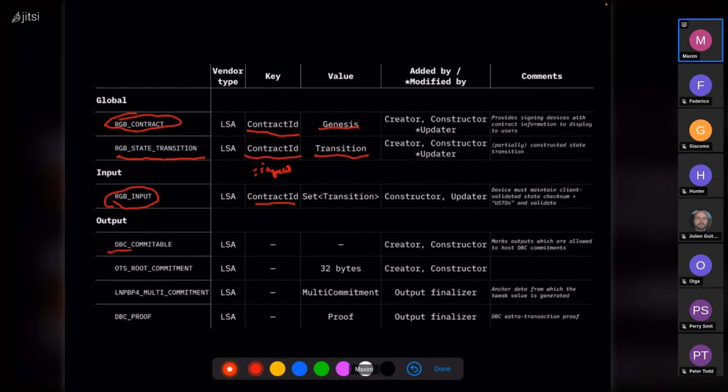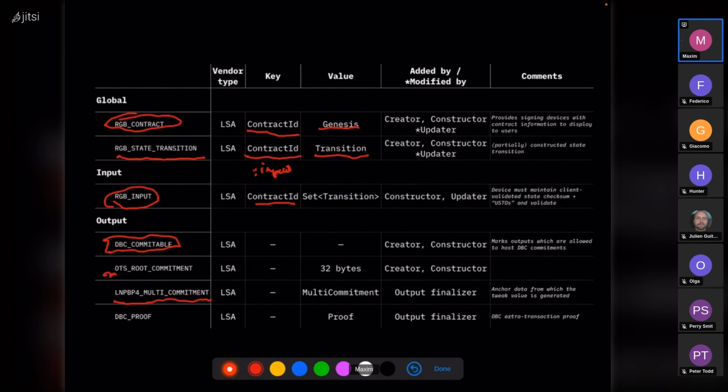And outputs will have a marker flag of which output can contain commitment put by the creator or constructor. It will contain the LNPBP tree, Merkle tree, or the root of that Merkle tree, put by the output finalizer. This Merkle tree is the tree of all commitments on the different protocols.